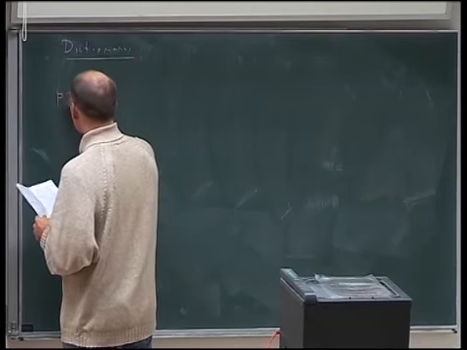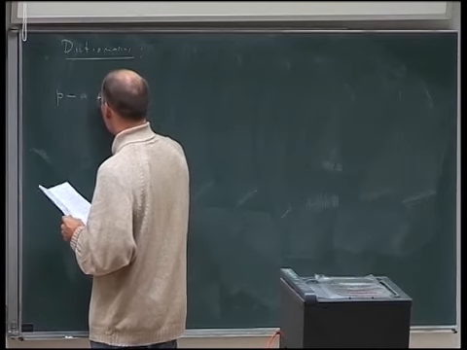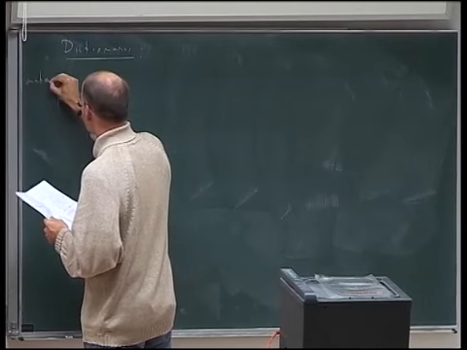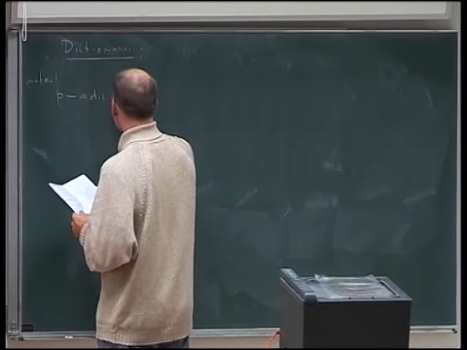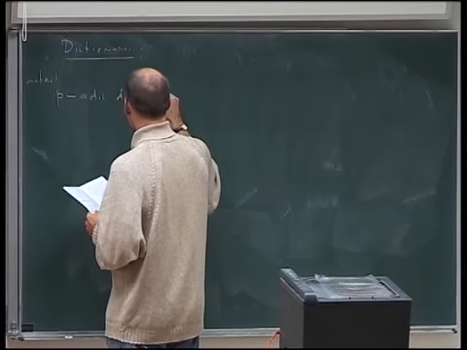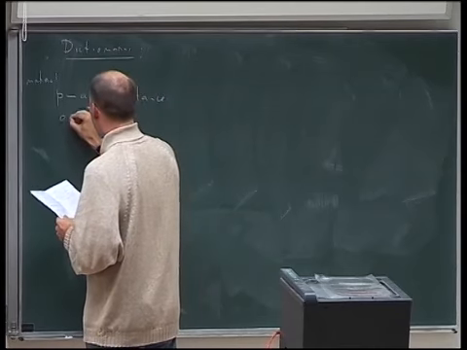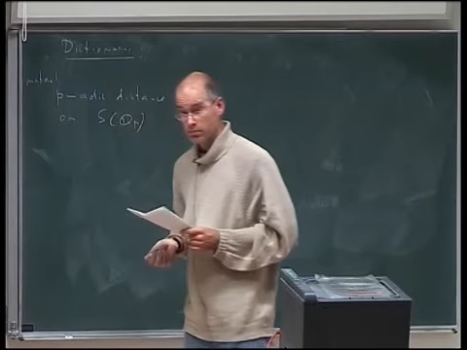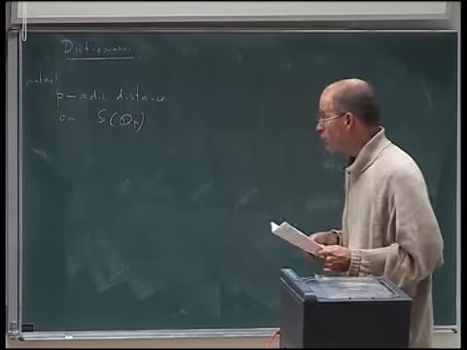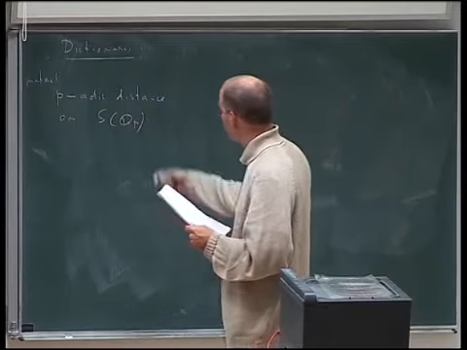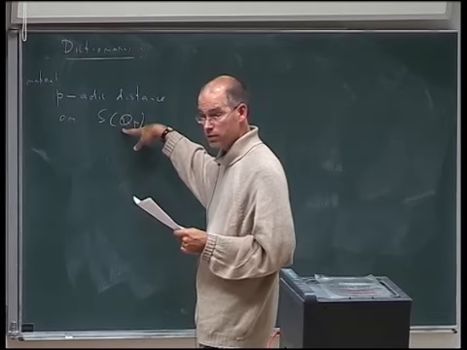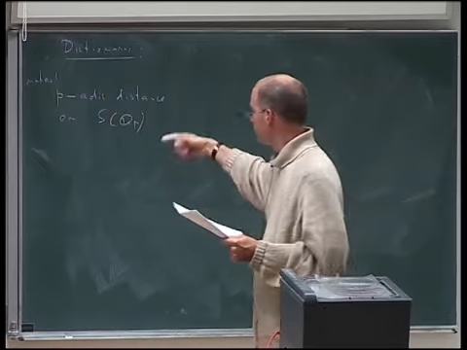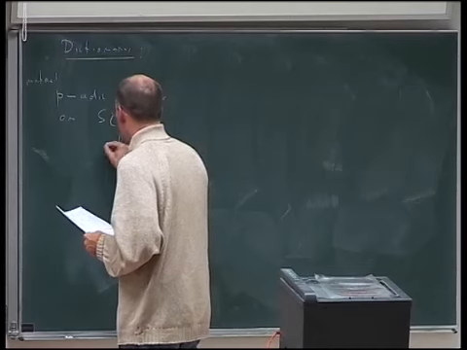For one thing, this is one of the basic issues. You have a natural p-adic distance on, say, the points of S over Q_p. This natural p-adic distance simply comes from the fact that if you want to measure the distance between two points on S of Q_p, by the valuative criterion of properness, this is actually equal to S of Z_p.